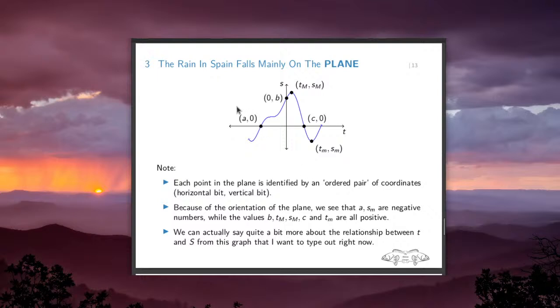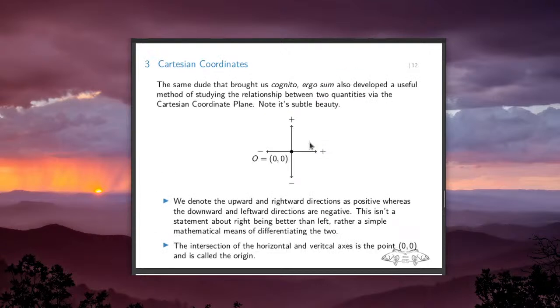Now, this point isn't negative. It doesn't even make sense really to say a point is positive or negative, but this component, this a, is definitely negative, right? It's less than 0. The same is true for this output value s sub little m over here, where because the vertical component, which is this second part, is below the horizontal axis, that means the vertical component has to be negative, right? And that's, again, just going back to this orientation we've devised.